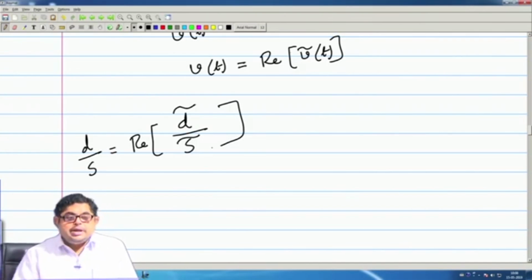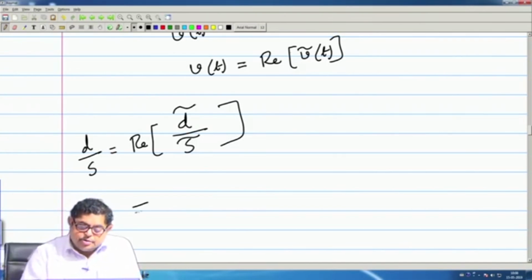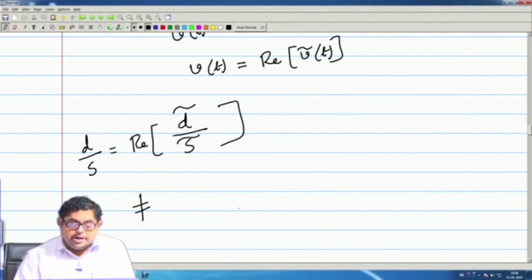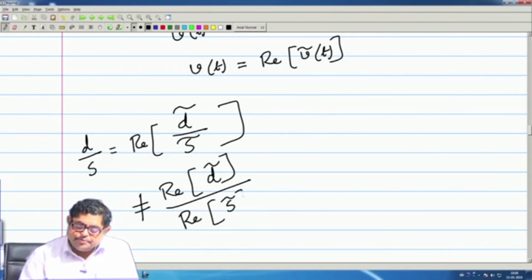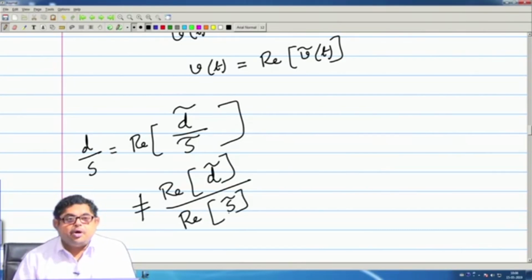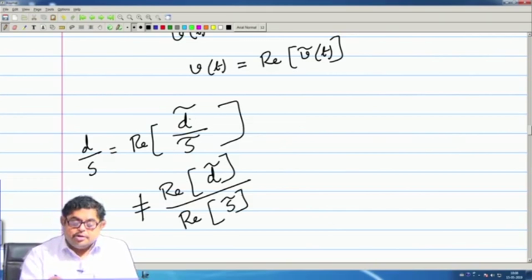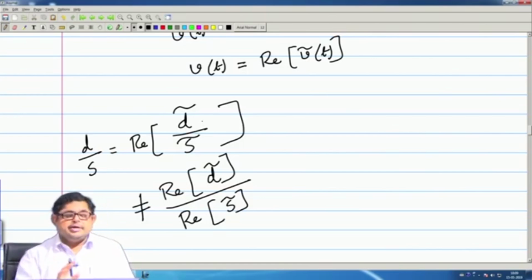Probably you know it, but many times students make a mistake: this is not real D by real S. If you do that, it will be wrong. Individually you cannot take the real parts. Until you make the final ratio calculation, you keep it as a phasor, and only then can you take the real part of the whole thing.